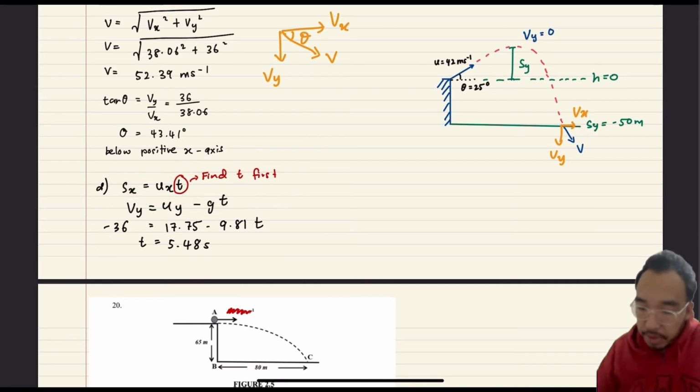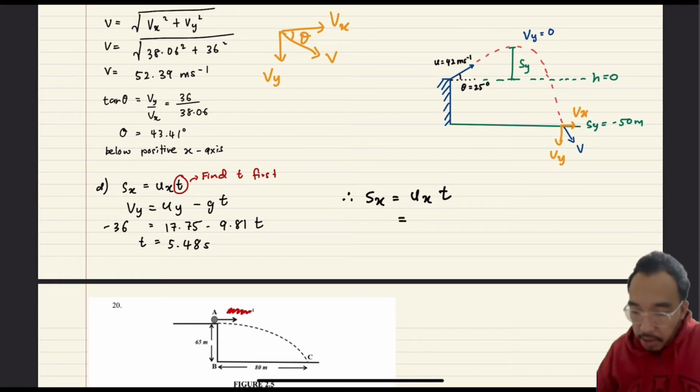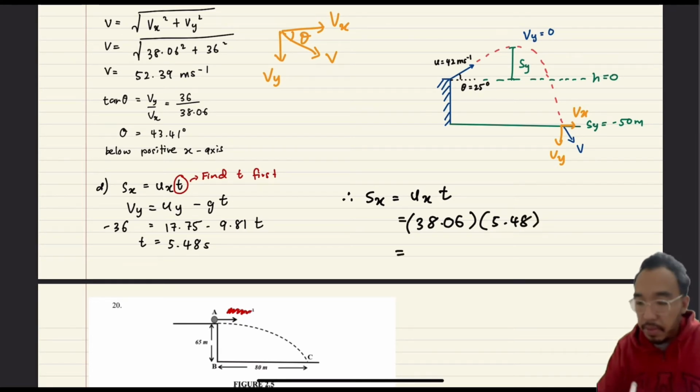So Sx is equal to Ux t. Since Ux will always be equal to 38.06, and the time is 5.48, I got here 208.57.